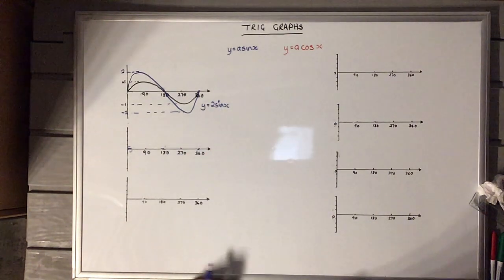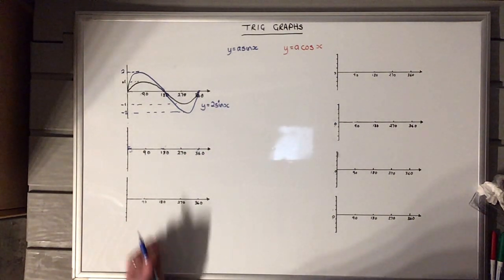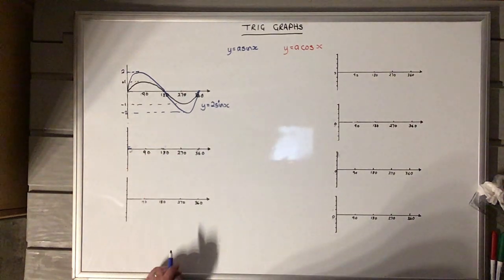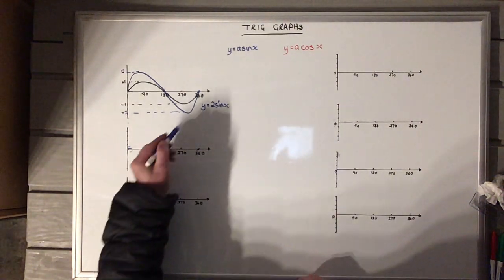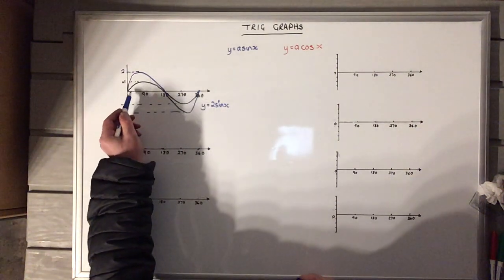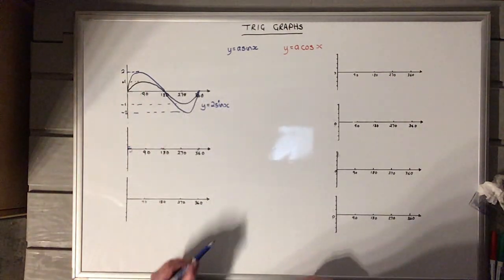Okay, I'm going to use the second graph here because this is going to be a bit cluttered. But think about, we're relating it to the black colour there, the original sine graph.